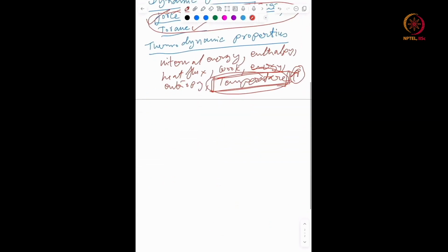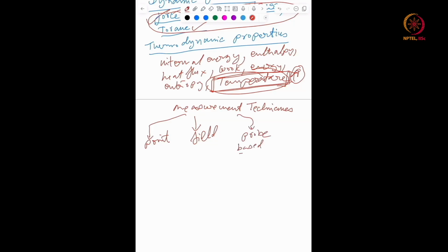So what we are trying to say is that for the measurement techniques, we would have point measurements, field measurements, and probe based measurements. Probe based ones are intrusive.